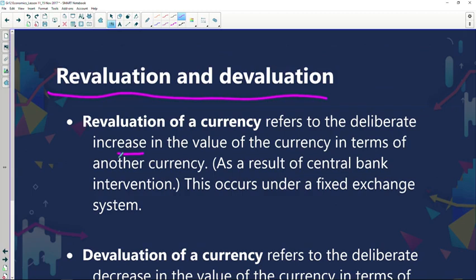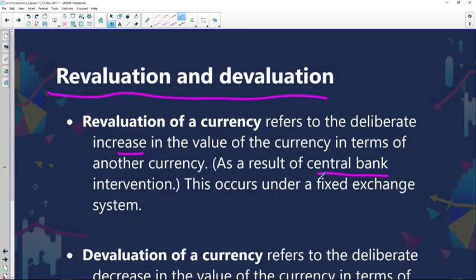So if we are looking at the revaluation, we know that it will be a deliberate action from the central bank to increase the value of the currency for a particular reason. So they will not just increase because they feel like, oh, you know what, we need to increase our currency, but they will have a motivation of some sort as to why they want to increase.